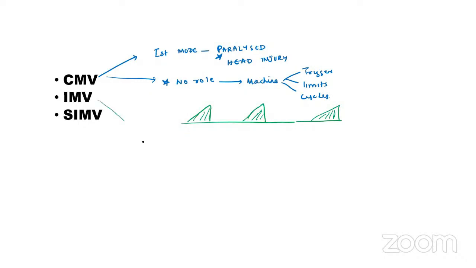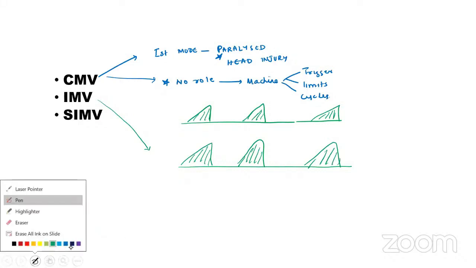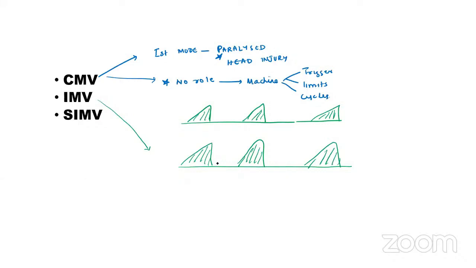Here, the patient gradually starts breathing. So, in between the mandatory breaths which the machine gives, the patient also breathes a small breath. You can see the small breath.